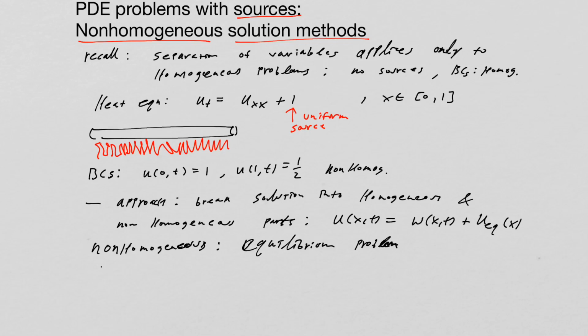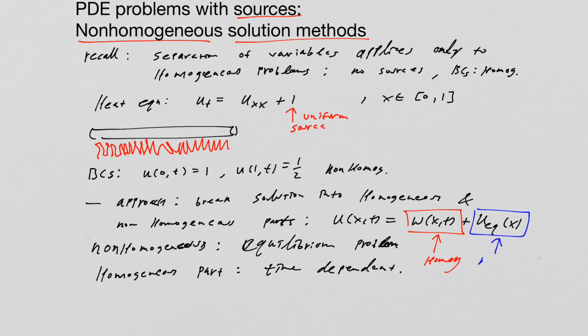All right, so the homogeneous part, that will be time dependent. So we can see here that has the time dependence, so that's going to be the homogeneous, while the u equilibrium, that's going to be the non-homogeneous.